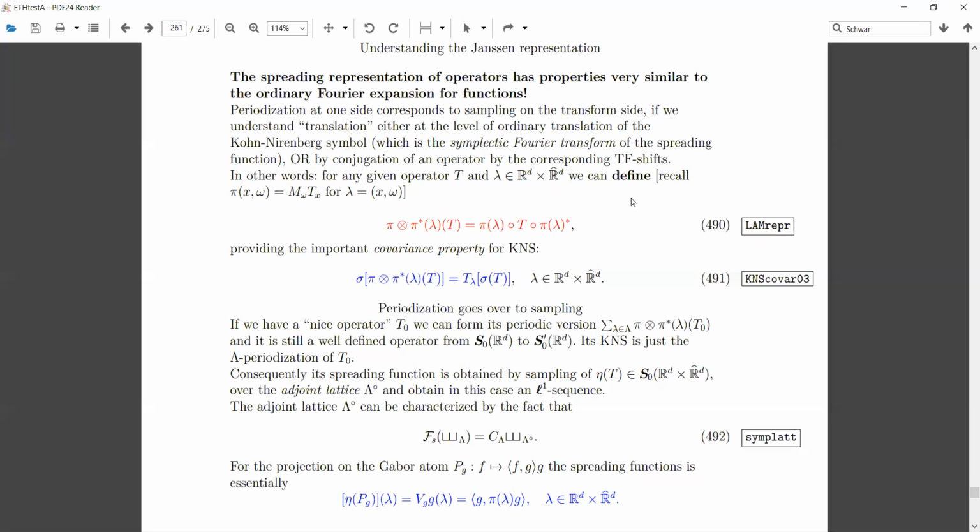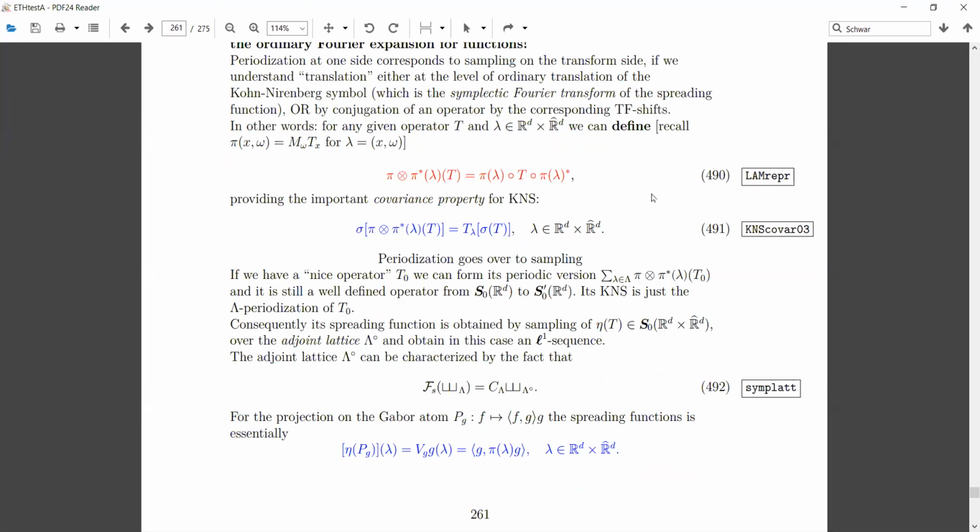Trace class operators are the ones with L1 singular values, and the dual space is all the bounded operators, which corresponds more or less to L infinity, and the compact operators inside correspond to C0.